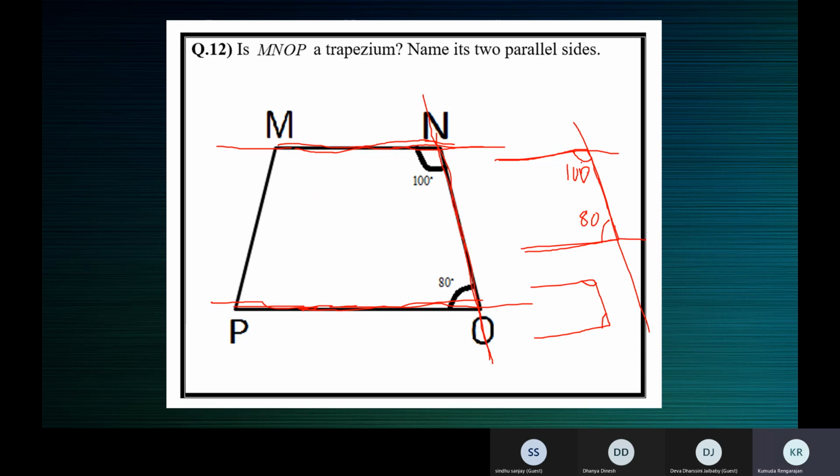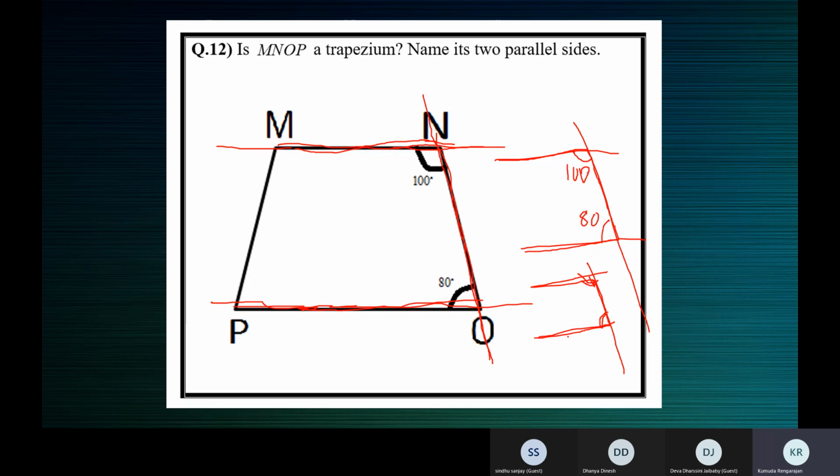By the position they are allied angles. Why are they called allied angles? Because they are between two lines like this. See, there are two lines intersected by a transversal, and the angles are here in these positions. Both are interior angles on the same side. Allied angles are two interior angles on the same side of the transversal.